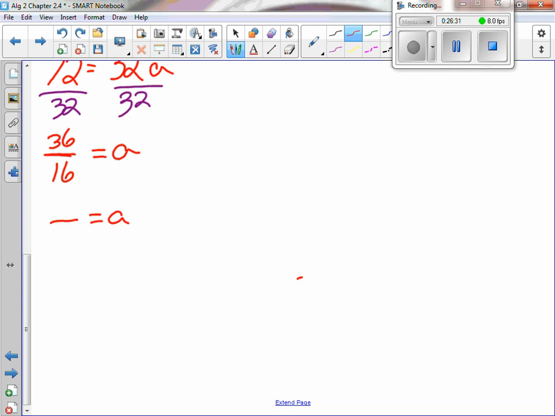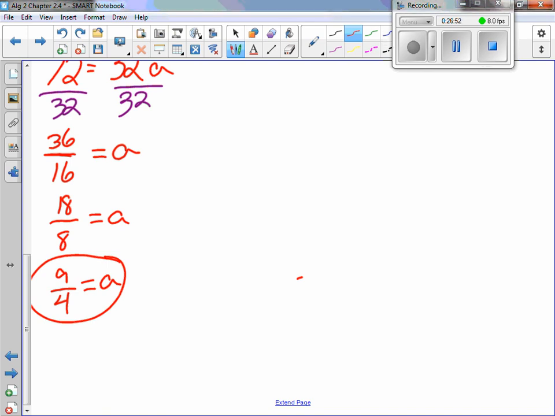I can do it again: 18 over 8, and then 9 over 4. So the graphing calculator, if you do alpha y equals enter, 72 over 32 and hit enter, it'll reduce it to 9/4. The TI-30XS, the yellow ones, 72 over 32, hit enter, it'll reduce it to 9/4. I did it by 2s because it was easier to do that by hand to get there. You don't have to do it that way.